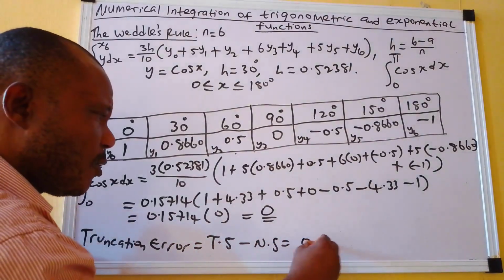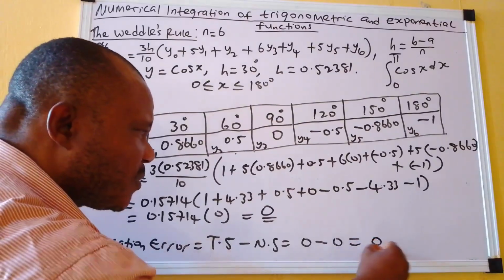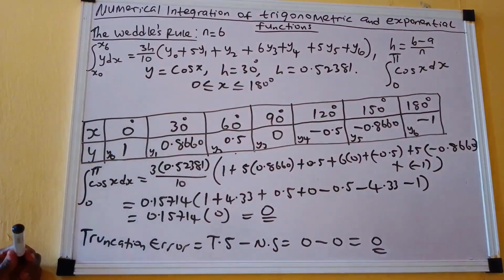That will be 0 minus 0, which is equal to 0. So the Weddle's rule is error-free for this particular problem. I hope you are following the calculation, and I hope you are getting it squarely.